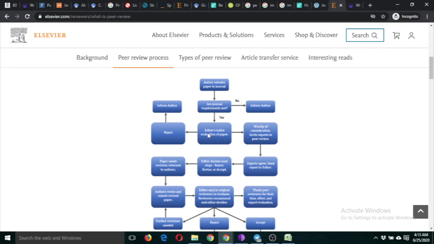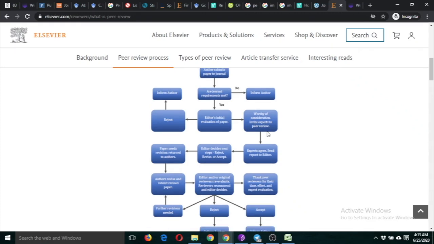Now the editor can directly reject it if he or she finds that it is not appropriate for publication in that journal. If the editor finds that it is appropriate and in the scope of that journal, then the editor starts the process of reviewing.